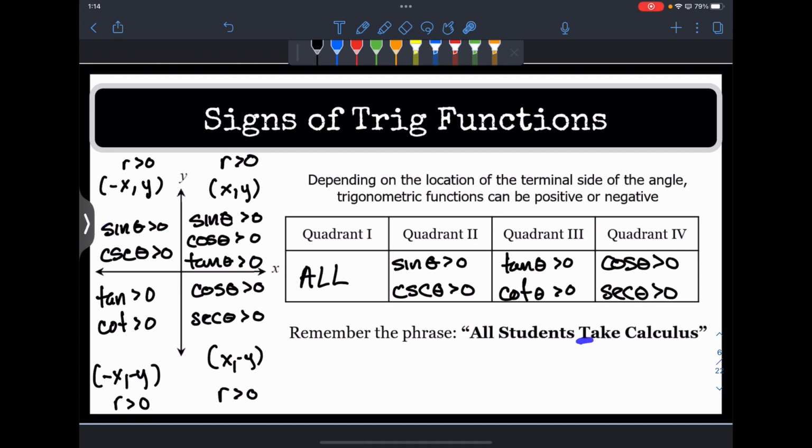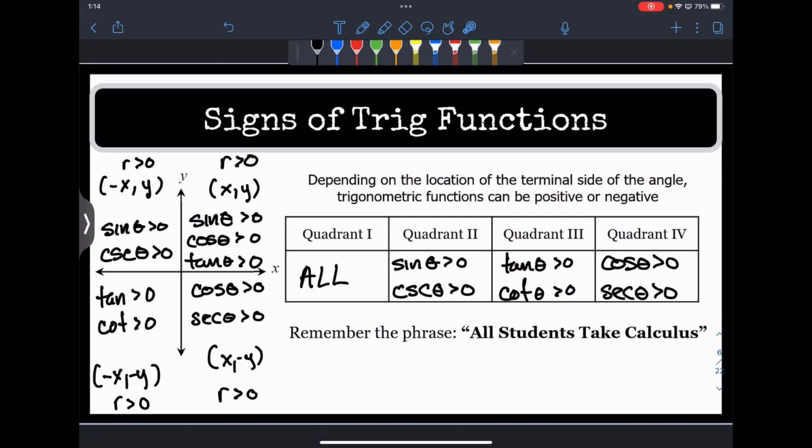The third word, referring to quadrant 3, starts with T, so tangent's positive. And the fourth word refers to the fourth quadrant, and that word starts with C, referring to cosine. So all students take calculus is a very good, easy phrase to remember in order to memorize which trig function is positive in the respective quadrant.